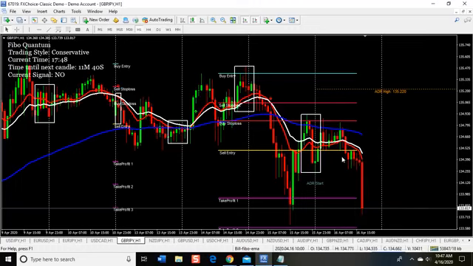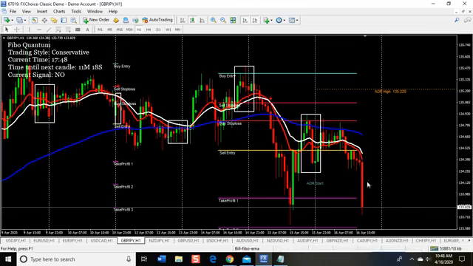The reason we got a little more pips was my entry was a little bit better. The entry went off, but by the time I got to the laptop, the price had already moved back a little bit. So since the entry did go off, I took the trade and got a better entry than I usually get. So that was a good trade there.